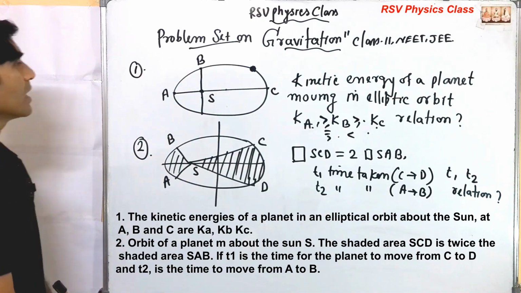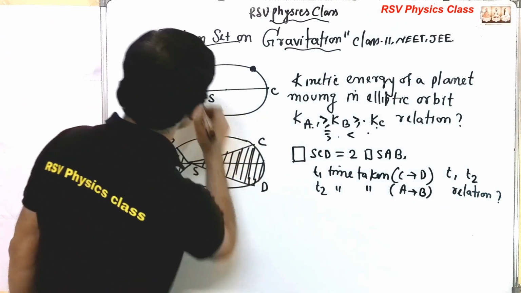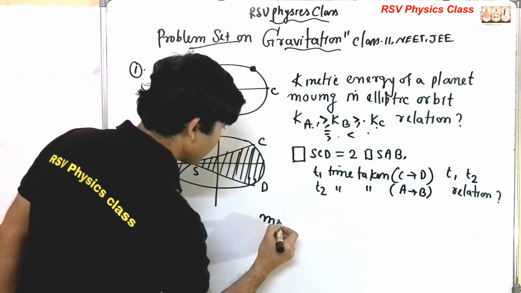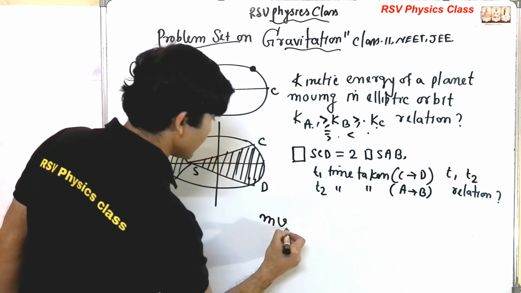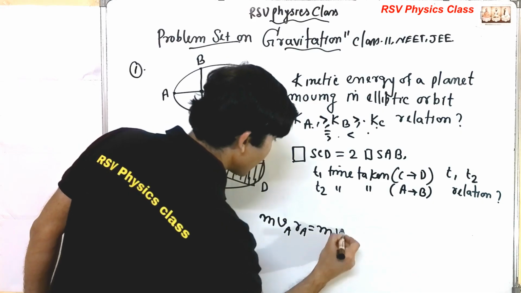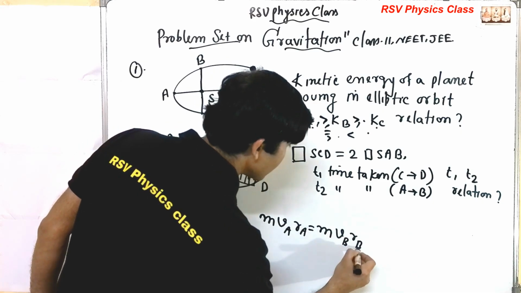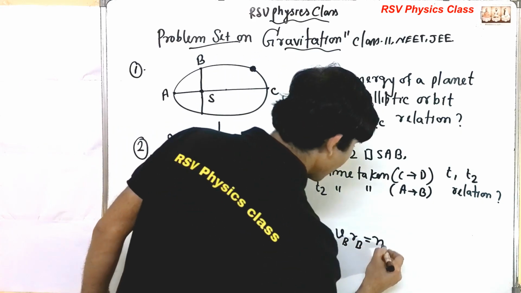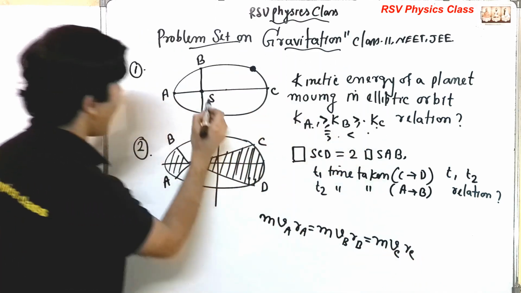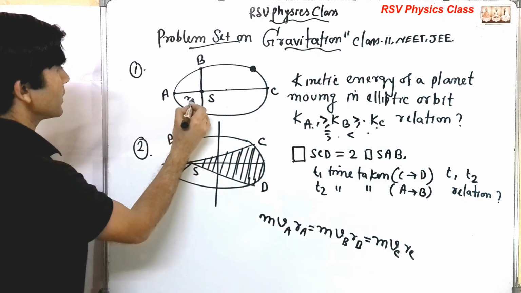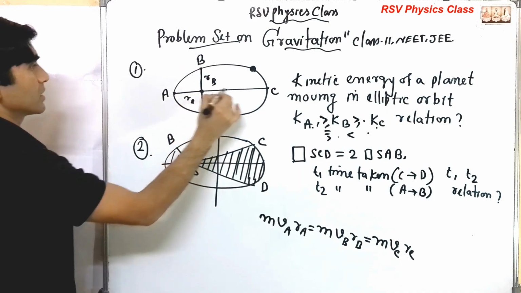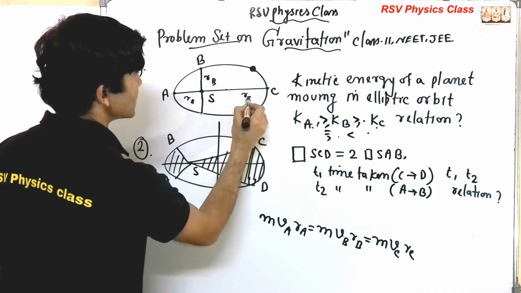So with m the mass of the planet, m va ra equals m vb rb equals m vc rc. Here ra, rb, and rc are the distances from the focus.